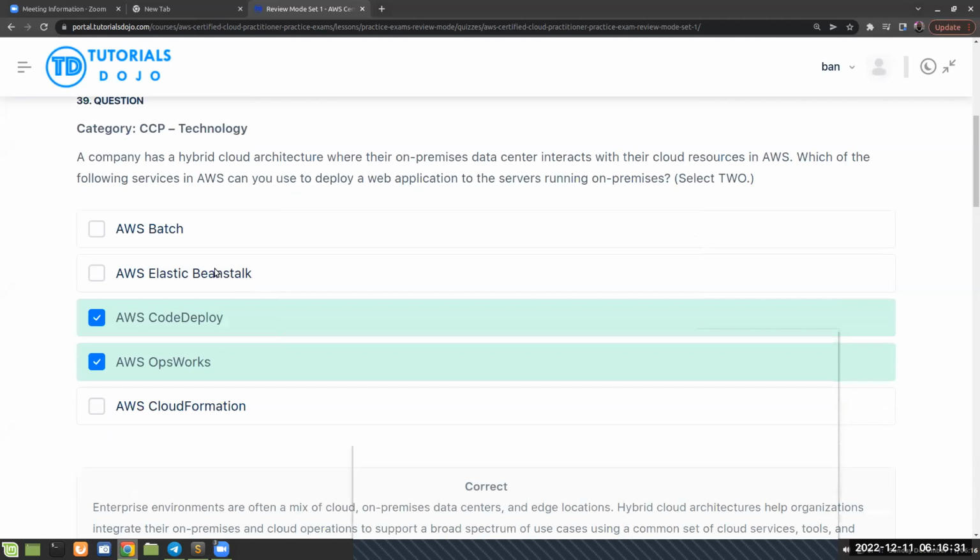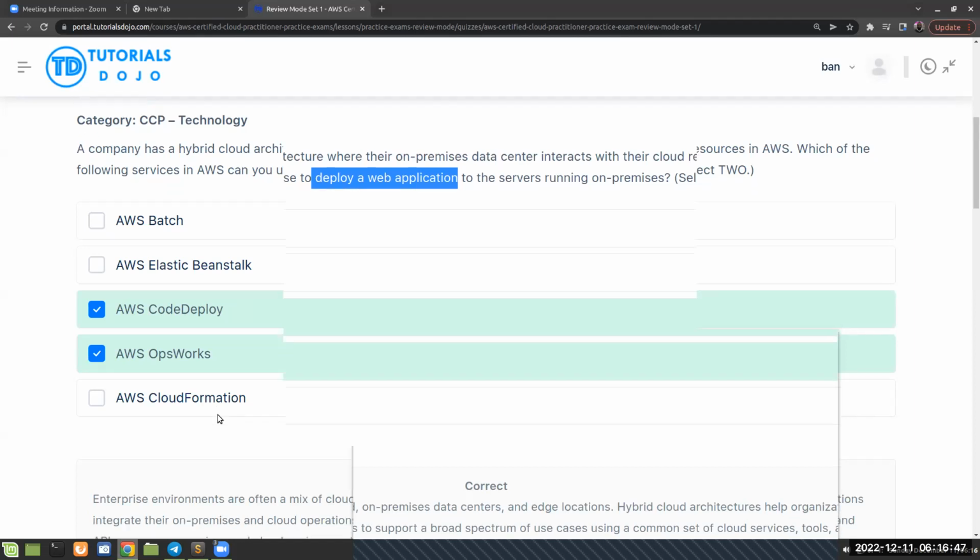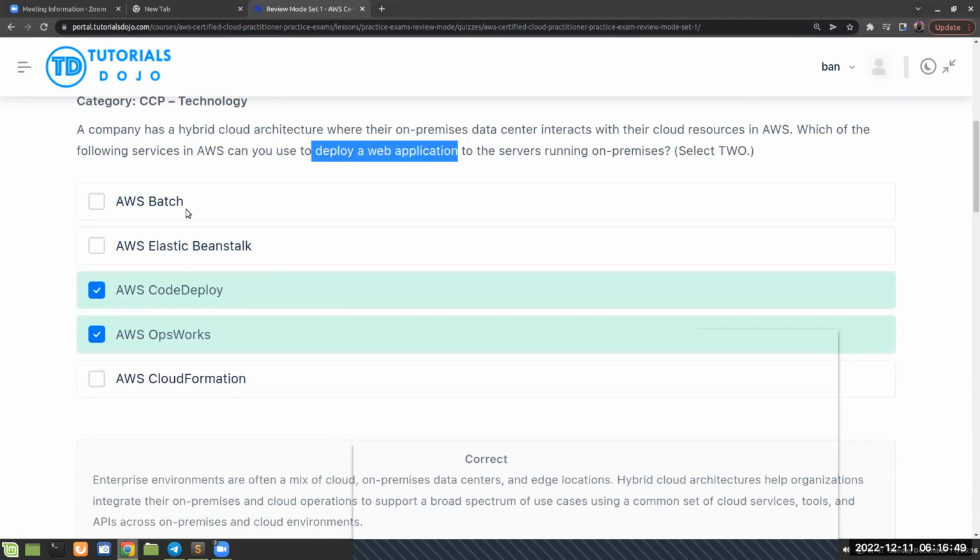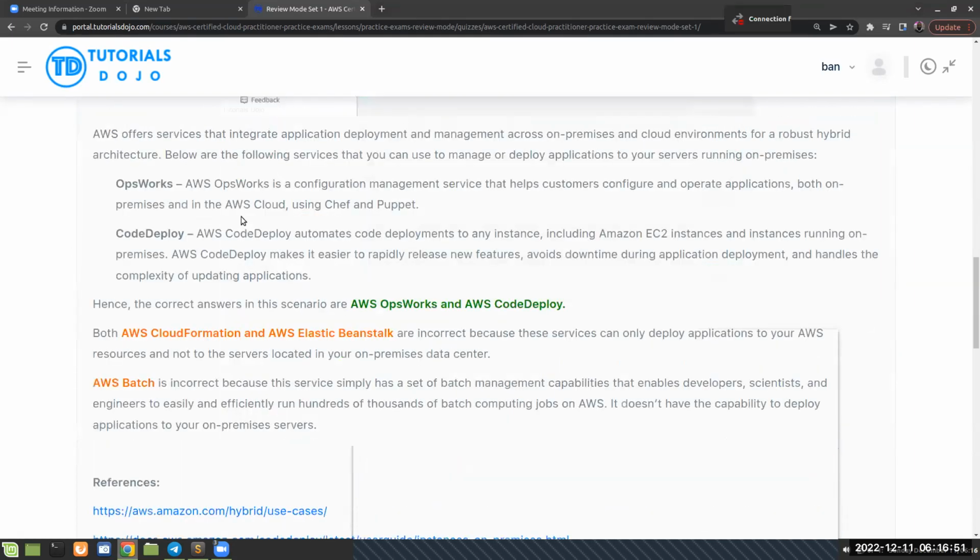Elastic Beanstalk is used for deploying web applications, but only in AWS. CloudFormation is when you are trying to create your infrastructure as code, so make sure that you know what this is. And Batch, I think, is used by data scientists.